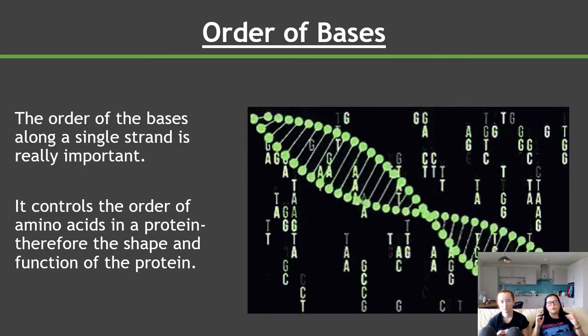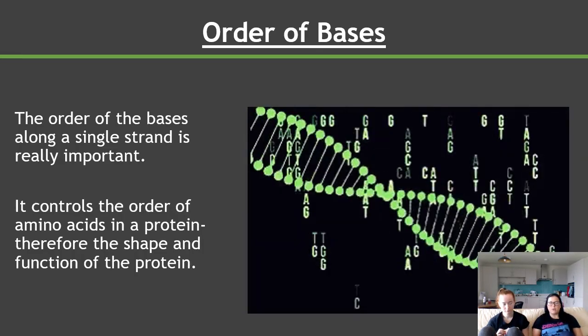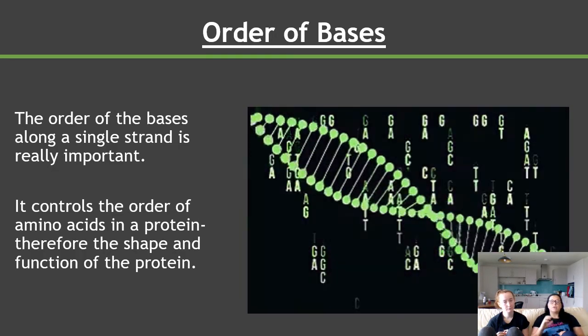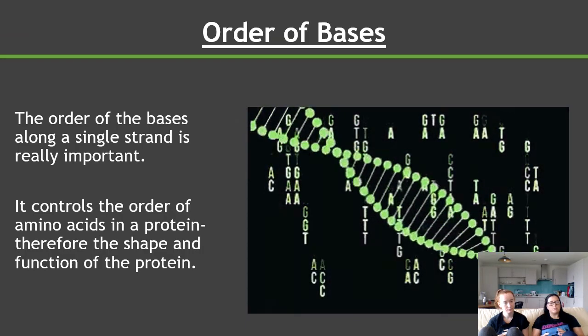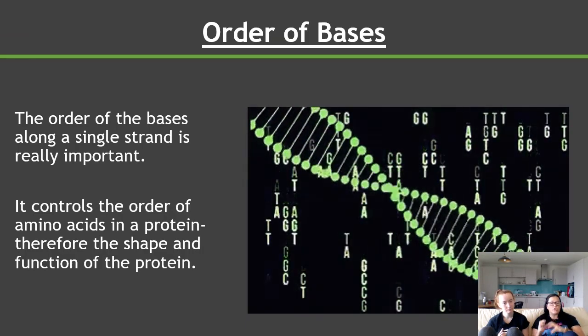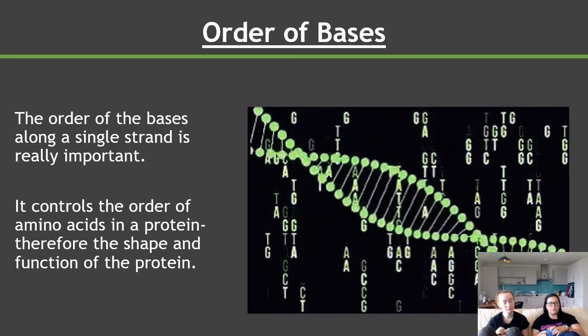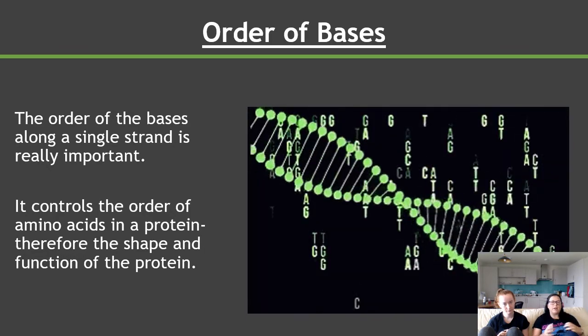Okay, now we're going to skirt on this idea. If you do higher human next year, we will look in more depth at this, but you do need to know this idea that the order of the bases controls the order of amino acids in a protein, and the order of amino acids in a protein control the shape and the job of that protein. So different order of bases, different amino acids, different protein. Okay, and you have to get that idea inside your head.